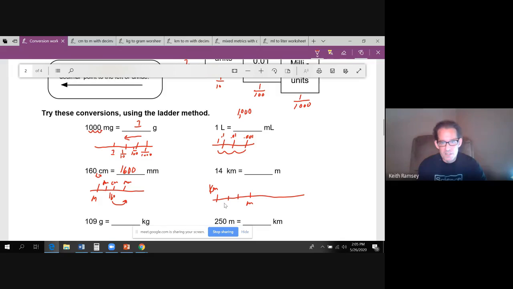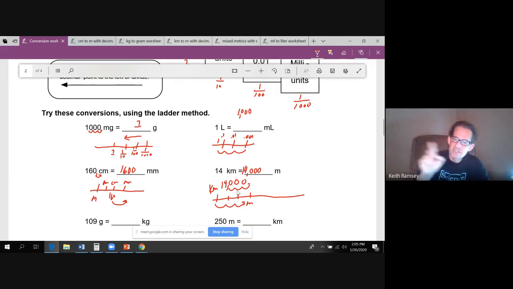And then over here is meters. I've got to go once, twice, 3 spaces with my decimal. So if I have 14 here, and this is my decimal, I've got to go once, twice, 3 spaces till I get to meter. And I'm going to put zeros here. And this is going to become a comma. So this is 14,000 meters are in 14 kilometers.